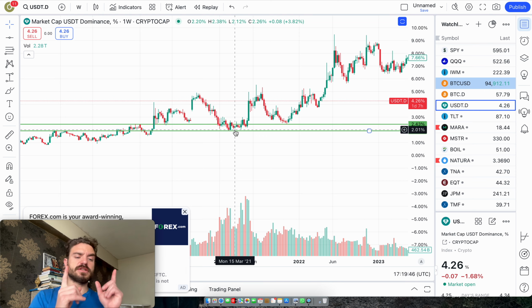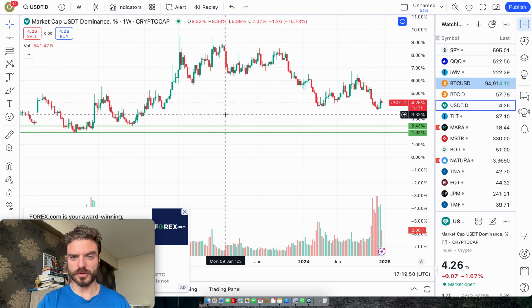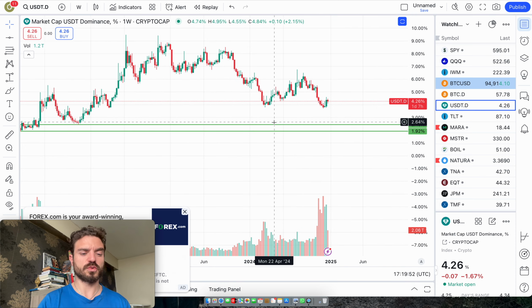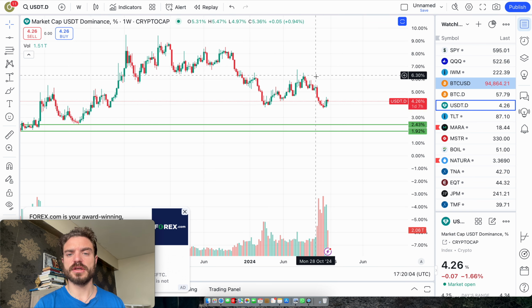So if we take that relationship of the two and look at where we are now, about 3 years later, we'll see that the relationship of the two is standing way above 3%.